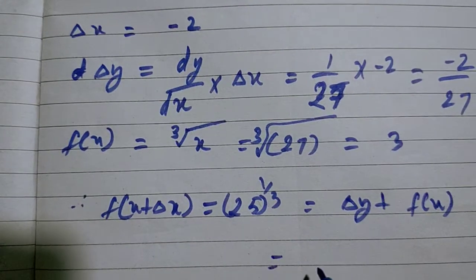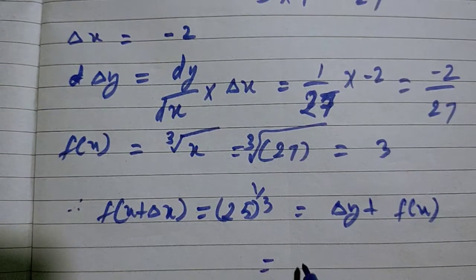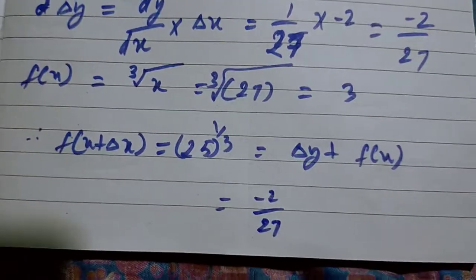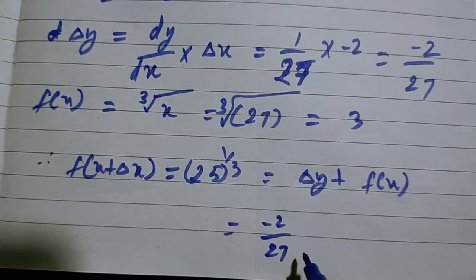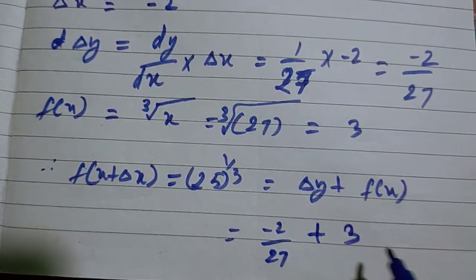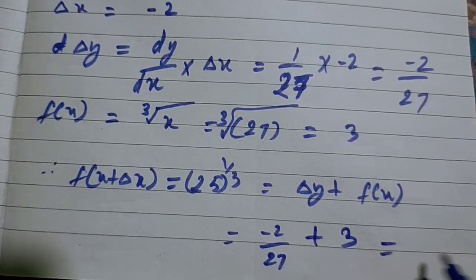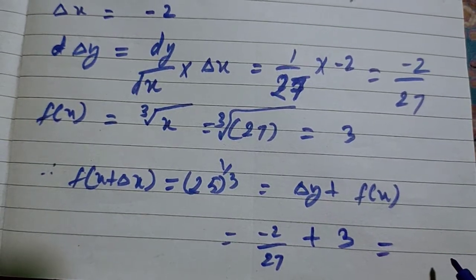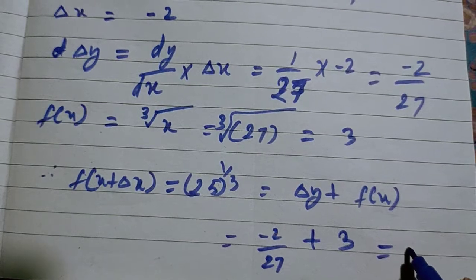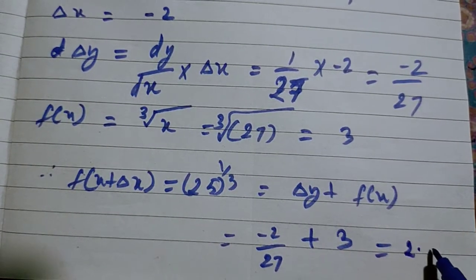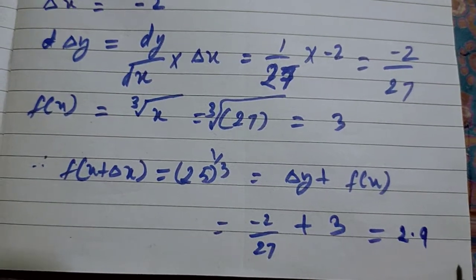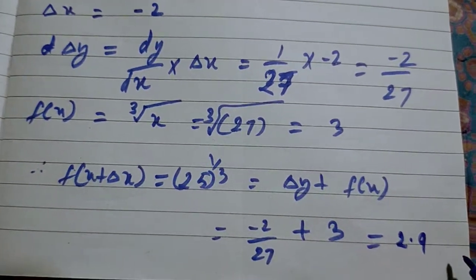So the delta y value we got here is -2 by 27, and f of x value is 3. So if you simplify this, we'll get less than 3, that is, approximately 2.9, approximately 2.9 we are going to get.